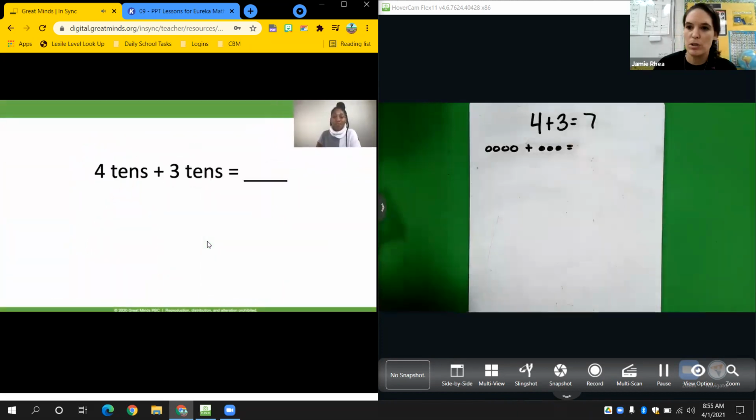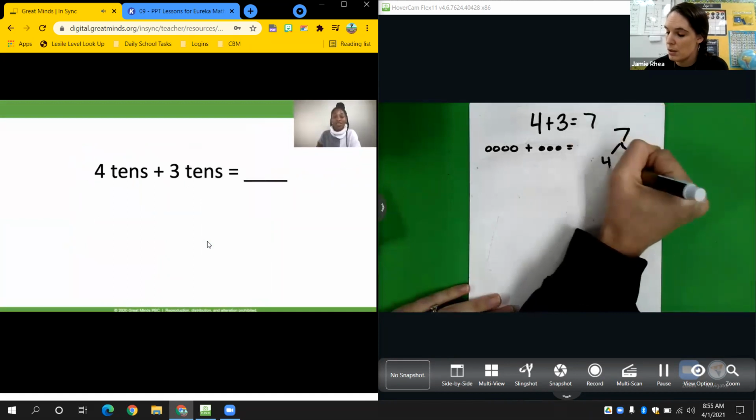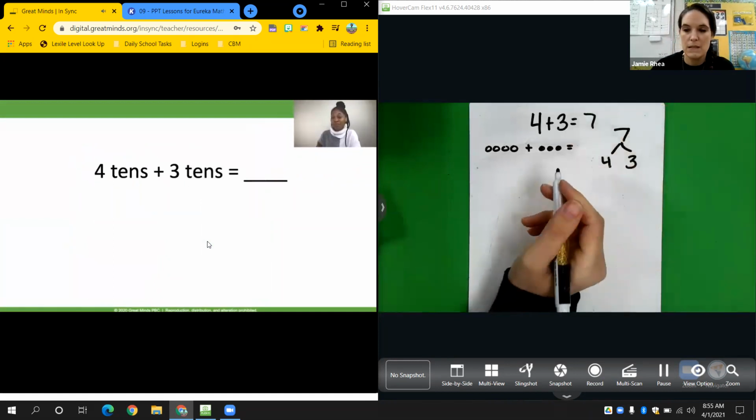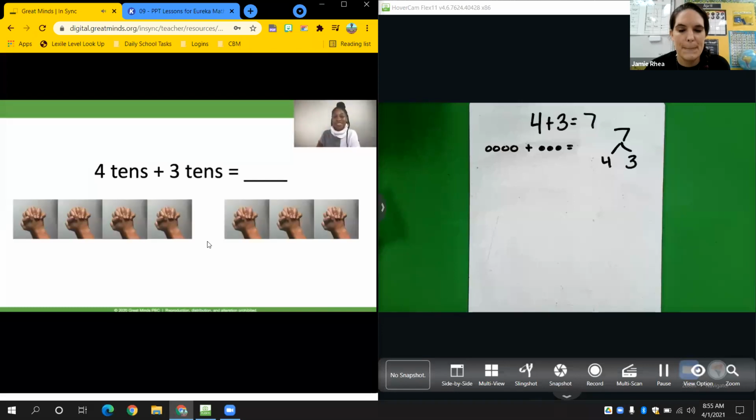Now I erase your board. Here is a number sentence: 4 tens plus 3 tens equals something. I asked my friends if I can take a picture of them showing 4 tens plus 3 tens using their counting sticks. Here's the picture. How many tens do you see here? I see 4 tens.